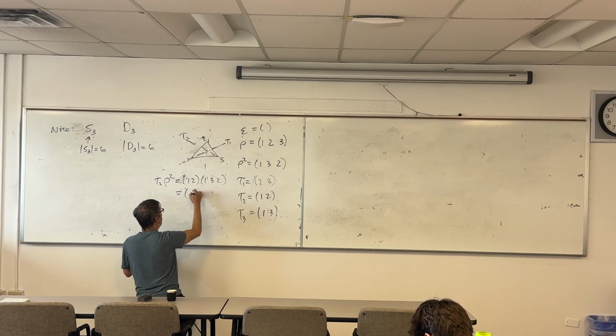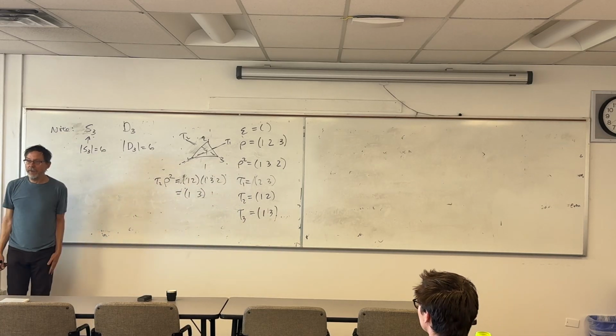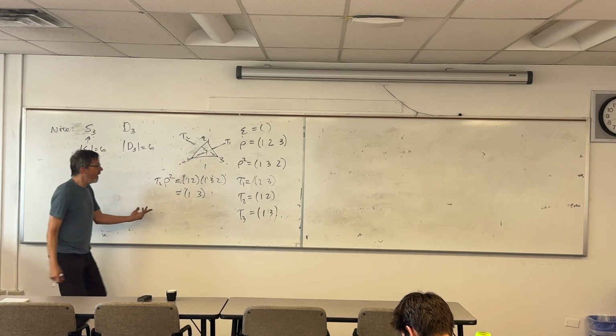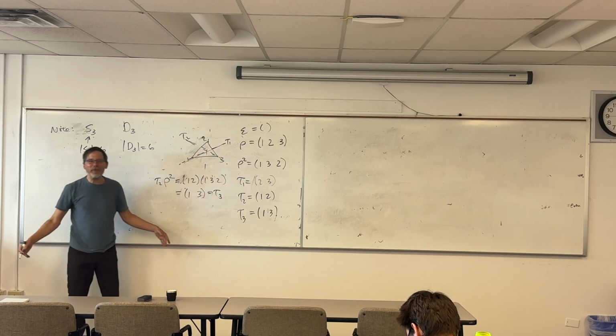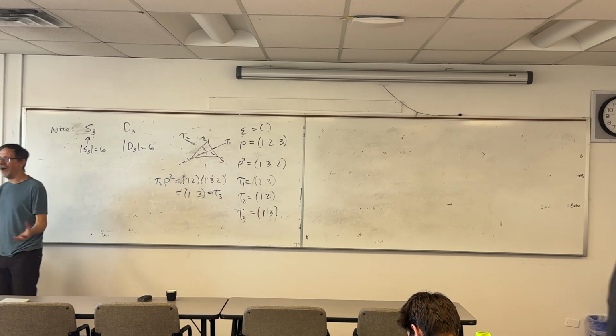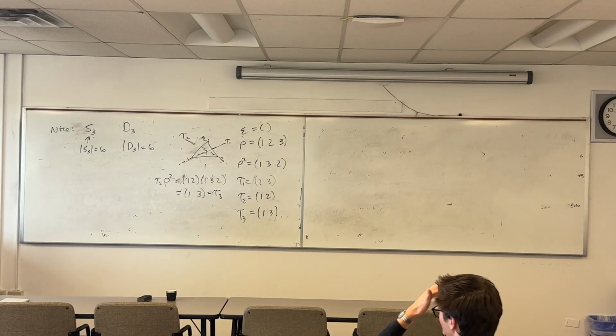Let's see, 1 goes to 3, 3 goes to 2 to 1, that's it. 2 gets fixed. So it's actually what? Tau 3. And in this way, we could crank out an awesome Cayley table with a lot less work and pain than last time.